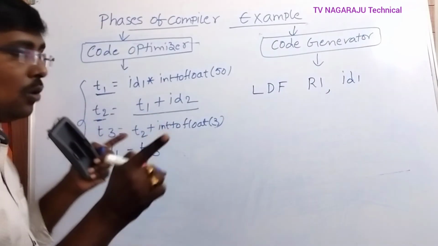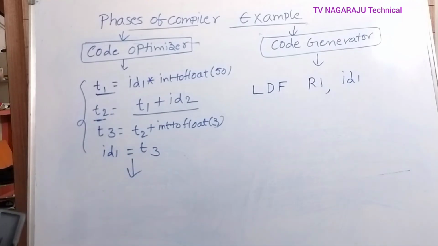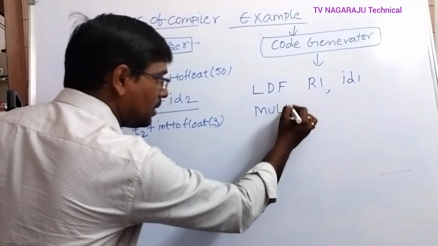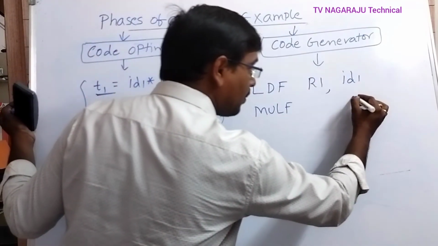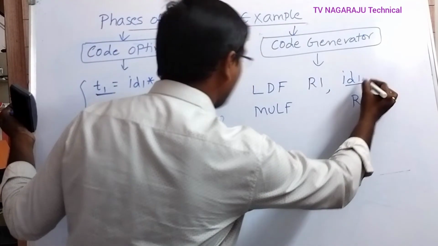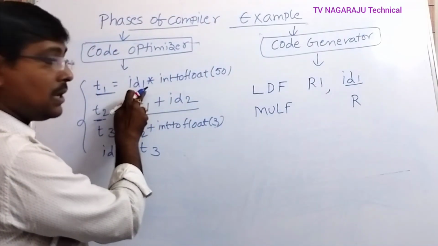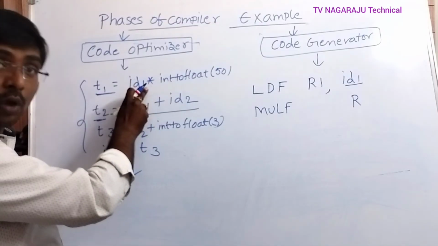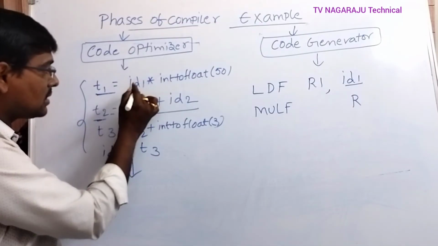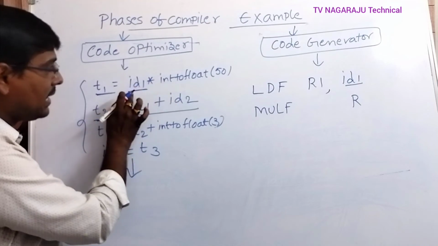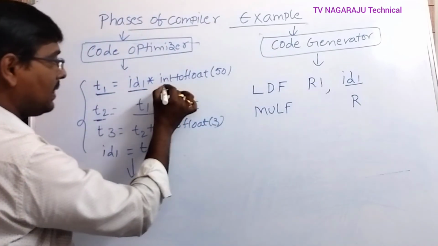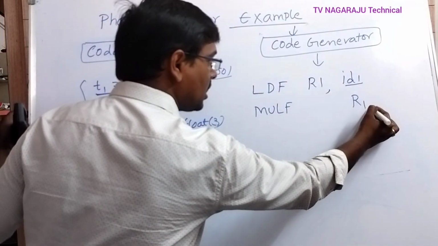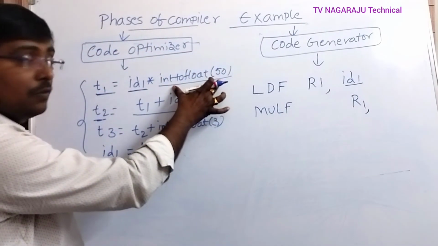Now, you have to perform multiplication operation. So, multiplication F of, actually your ID1, this is placed, remember, in code generator, instead of this one, you have to use registers only. That is the reason. First I am passing this ID1 into R1 and then perform this multiplication. ID1 is present in register R1 multiplied with 50.